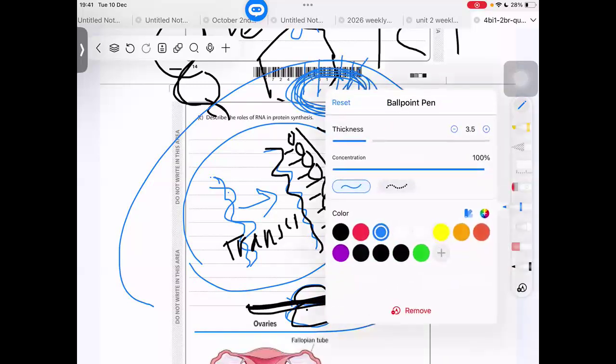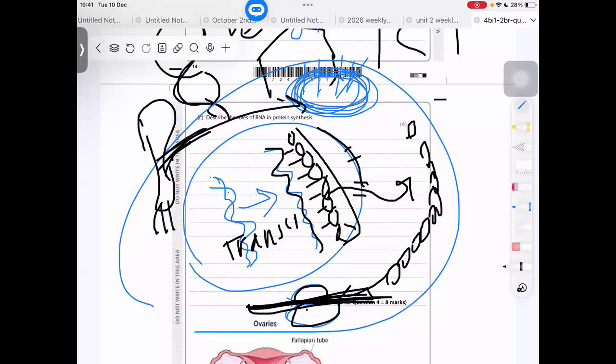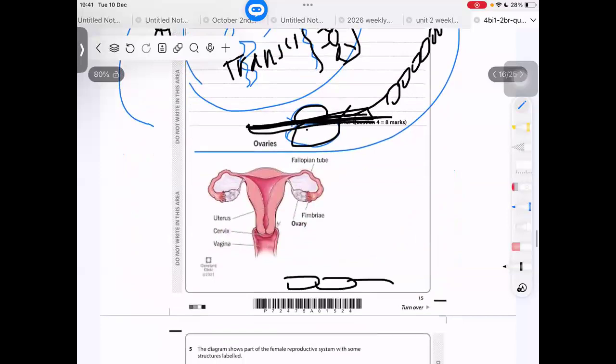So basically there is a type of RNA called tRNA. These tRNA molecules can combine with the amino acid because they have a structure called the anticodon. If you take the mRNA molecule, it has three nucleotides like this.